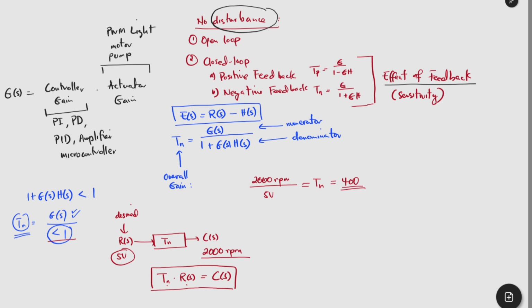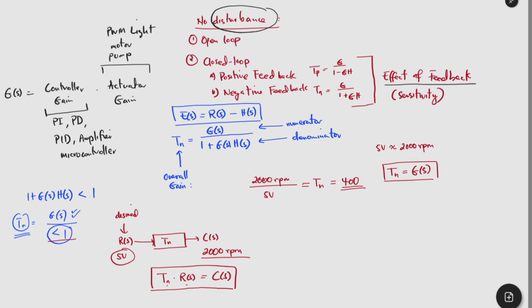Since 400 will be a constant term, we say 5 volts corresponds to 2000 rpm, and this T(s) is equal to the feed-forward gain, which is G(s). And when the denominator is equal to 1, previously we said T(n) is equal to G(s).